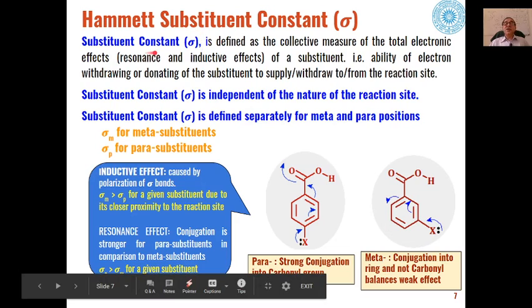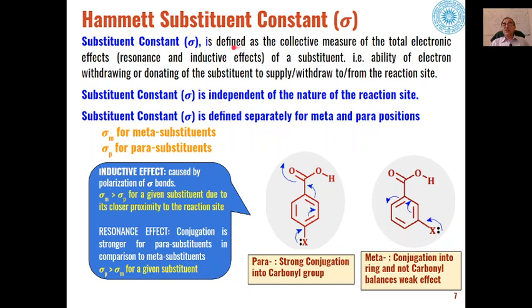The Hammett substituent constant is defined as the collective measure of the total electronic effects, that is resonance effects and inductive effects, of a substituent. Whatever amount of total electronic effect is there in the substrate, depending upon the type of substituent, is called the substituent constant.